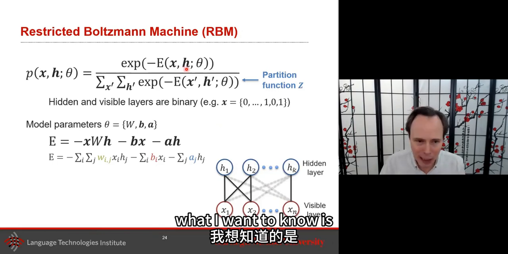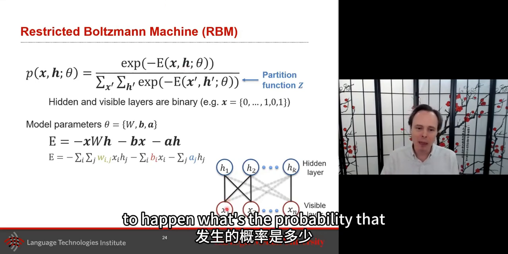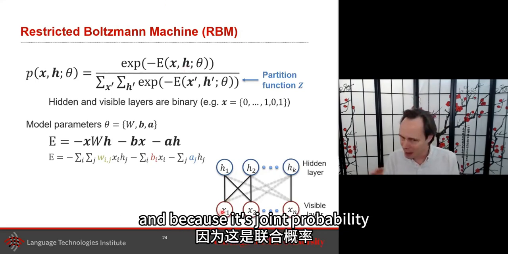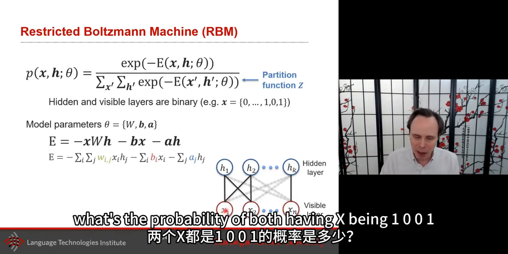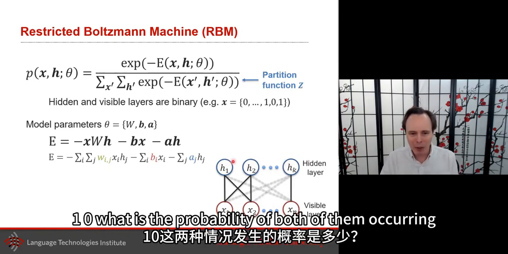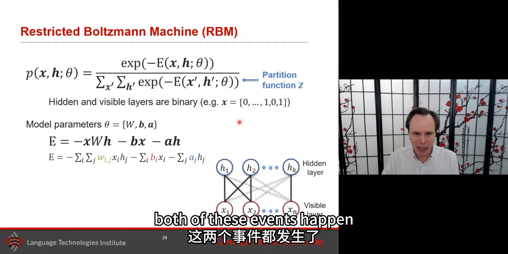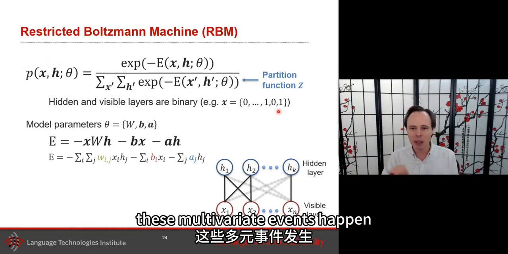What I want to know is the probability of that event happening. Because it's a joint probability, what's the probability of both x and h taking these values occurring together? What is the probability that both of these multivariate events happen?